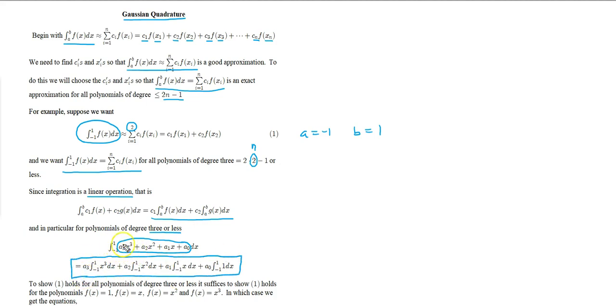Notice we just distributed the definite integral among each function here, and then we factored out all the constants. So we have a3 times the integral from negative 1 to 1 of x cubed plus a2 times the integral from negative 1 to 1 of x squared, and so on. And the last term is a sub 0 times the definite integral from negative 1 to 1 of just 1 dx.